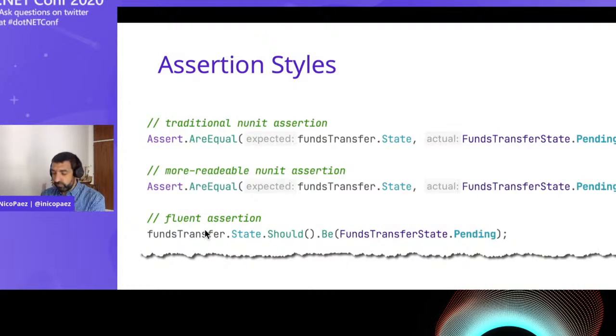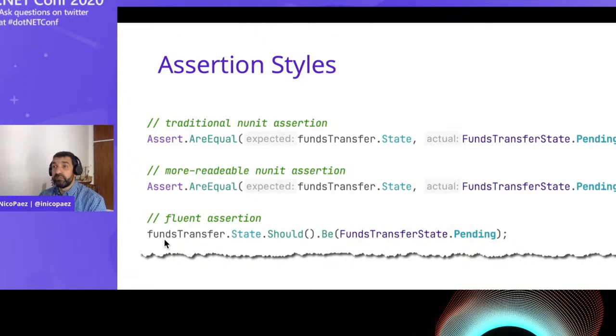This is part of the Fluent Assertions library, and look how it looks. Transfer state should be... these are extension methods provided by the Fluent Assertions framework, and this allows you to read in an easy way, we could say, right? In a fluent way, right?